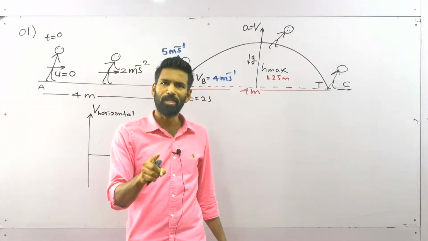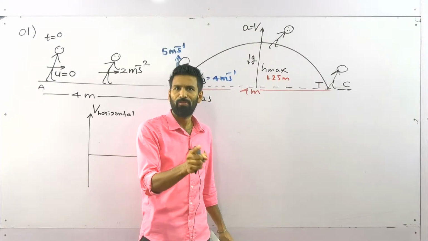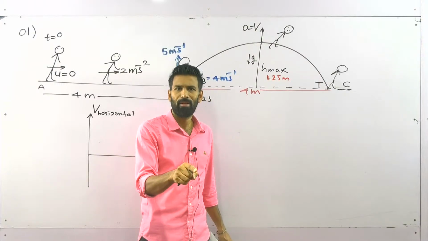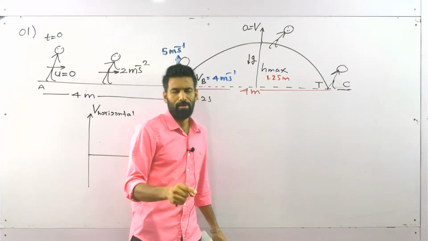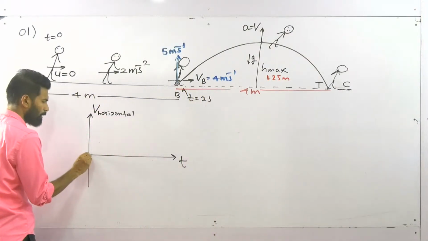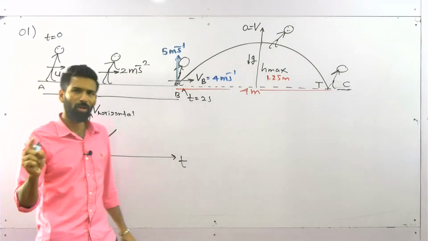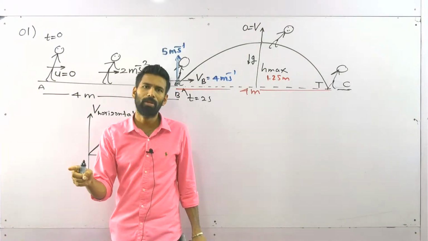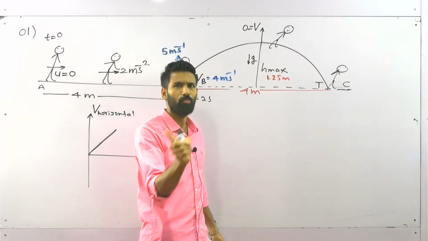She had the 2 meters per square second constant acceleration, so the graph should have a constant gradient. From a velocity time graph, the gradient will give you the acceleration. As it's plus 2, the gradient should be plus 2.